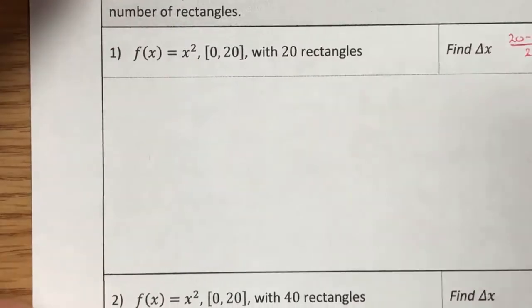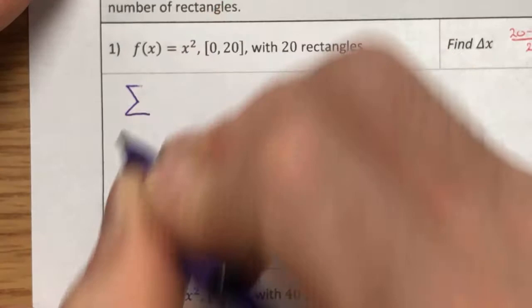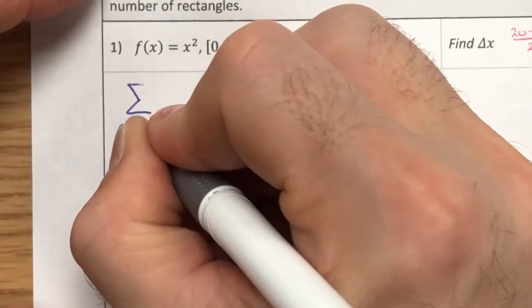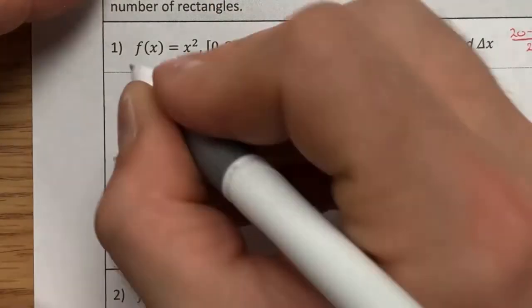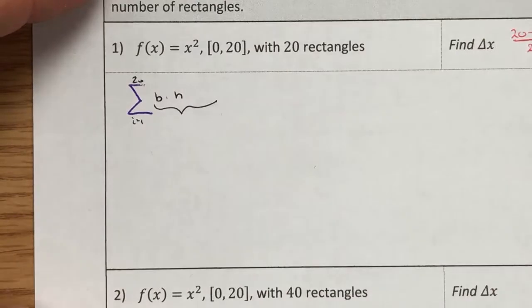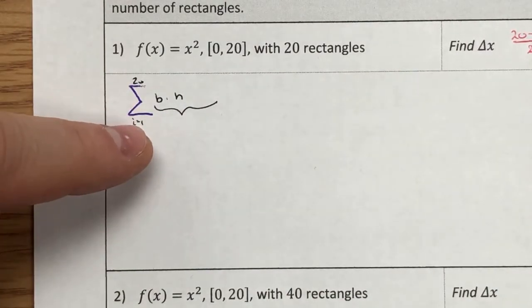So we know, let's actually do this in purple to keep consistent with before, it is going to be the summation from i equals 1 to 20 of base times height. And we know that base times height is going to be reevaluated right here.